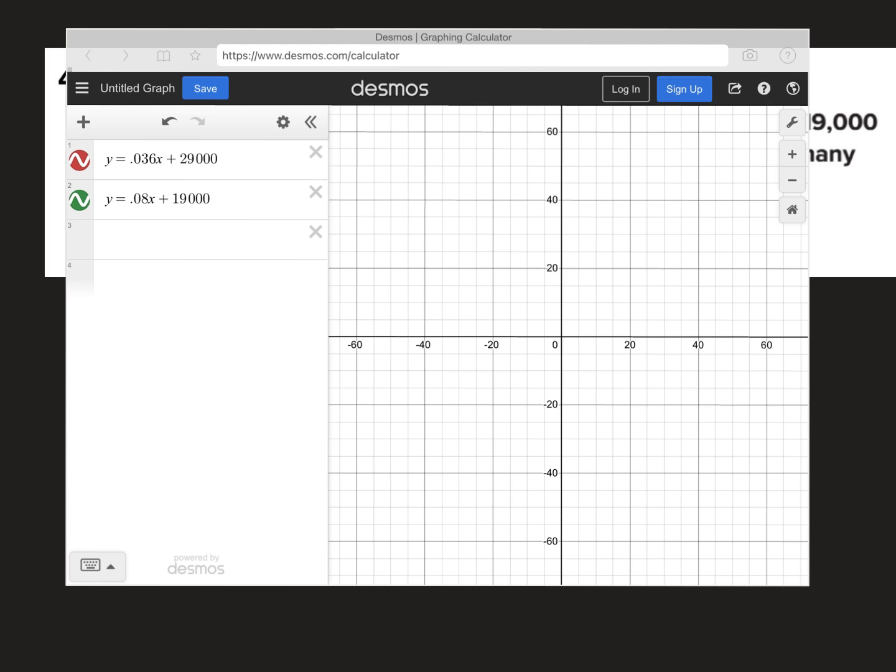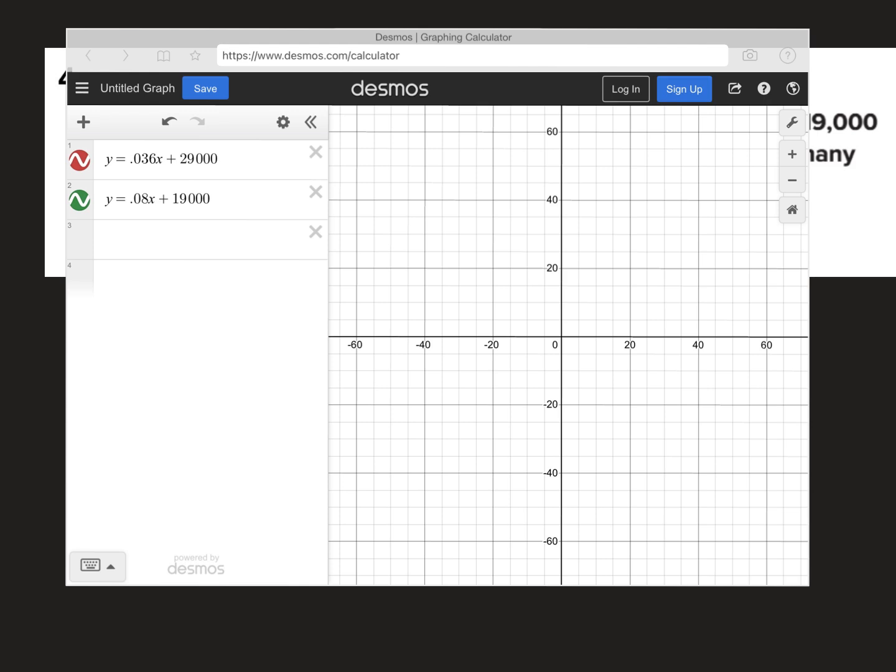And here we go. It looks like they intersect through here. And I'm zooming in. And it appears. Can you see it's kind of making vertical angles with the red and the green? So it looks like the point of intersection is about there.